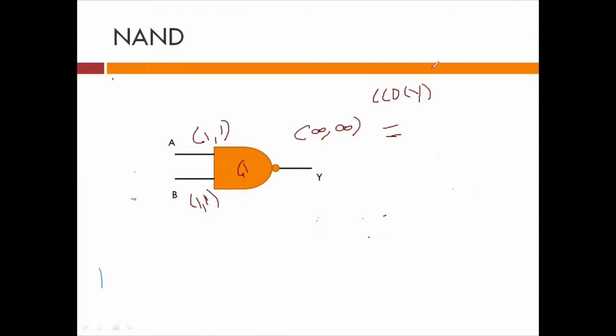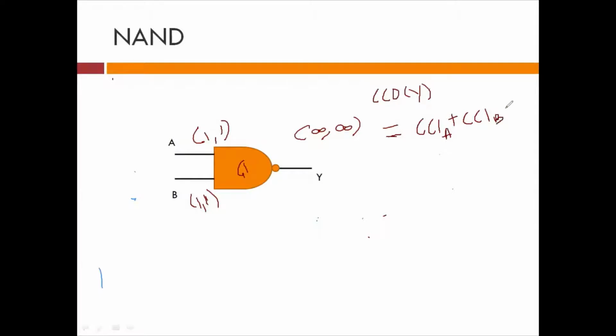For 1, both my inputs should be 1. So it will depend upon the controllability when my input at point A is 1 plus, because both inputs are needed, plus the case where my input at point B is also 1.